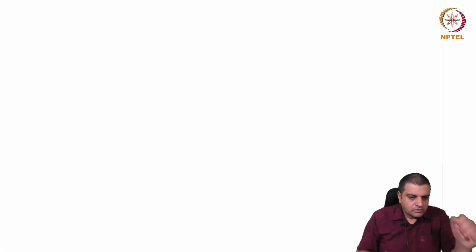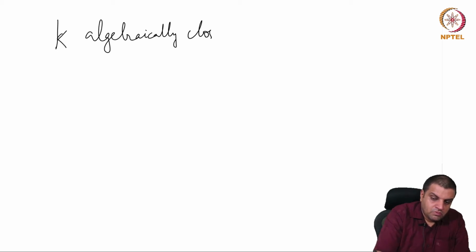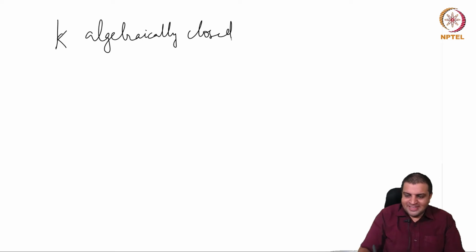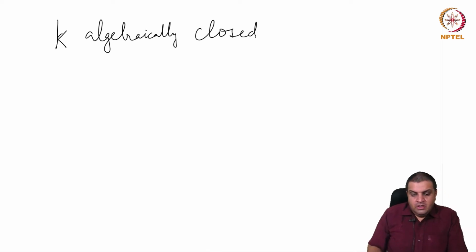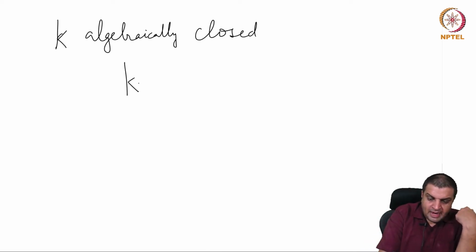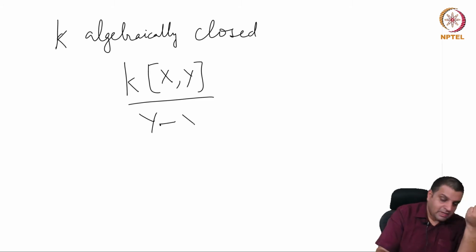When we think about pictures, we will think of K as algebraically closed, although we will draw pictures thinking that it's R. Now we can ask what the maximal ideals are, taking a simple enough equation, y minus x squared.